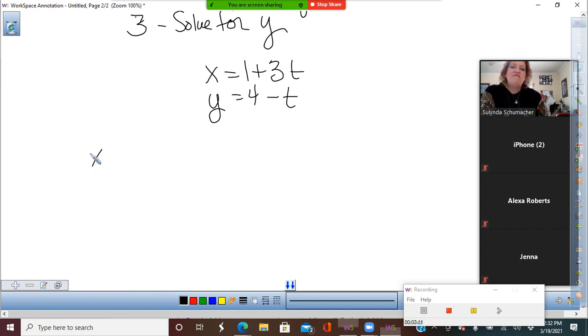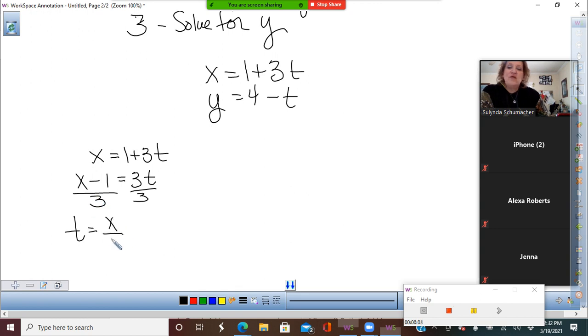If I have x equals 1 plus 3t, I subtract 1 over, x minus 1 equals 3t, and divide both sides by 3. So we get t equals, now I'm going to split this up because I think it'll be easier when we plug it into our other equation, so I have x over 3 minus 1 over 3.